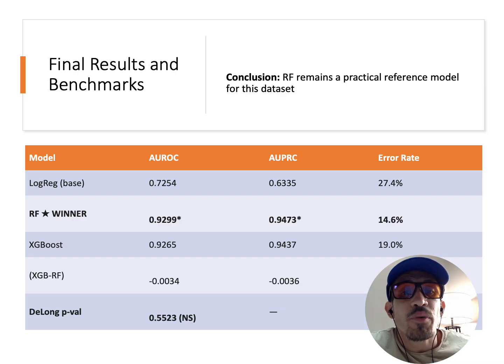DeLong p-value was 0.5523, so the ROC difference is not significant. Error overlap was high, with 56 shared misclassifications, suggesting stable hard cases near the boundary rather than random model-specific failures.